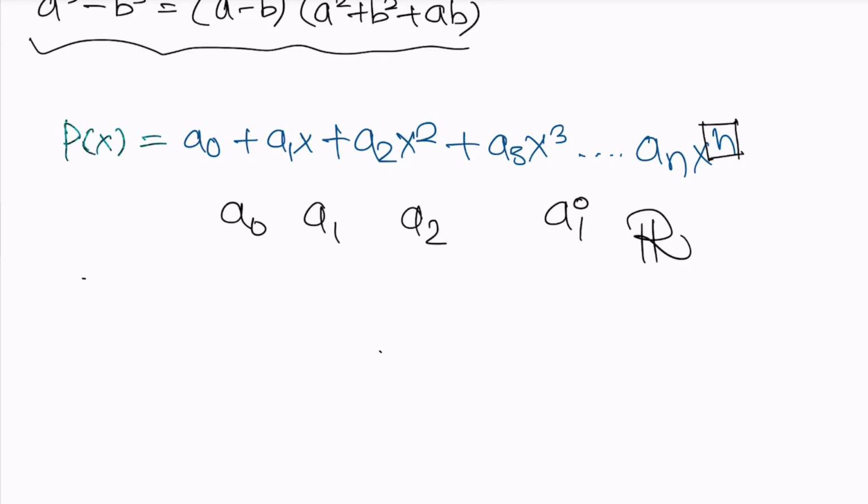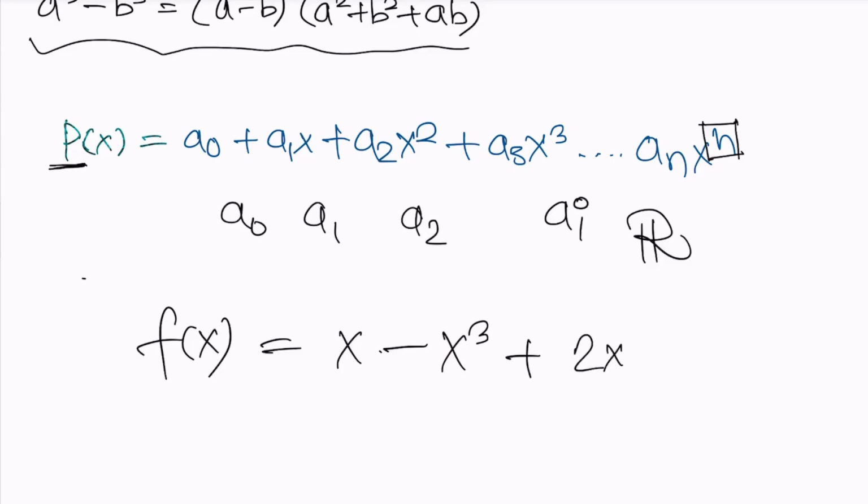So we can name the polynomial anything. I've named it P here. So let's name it f of x is equal to x minus x cubed plus 2x square. So again, this is very simple. The degree of the polynomial is simply 3.